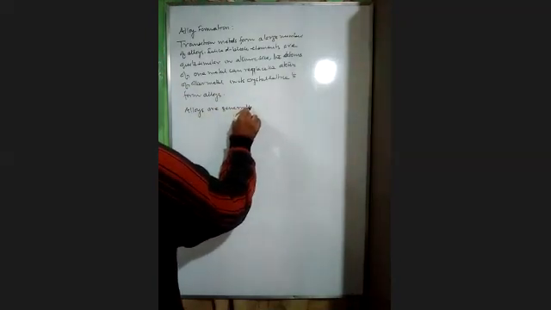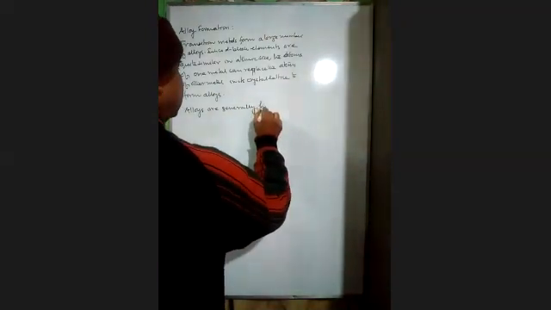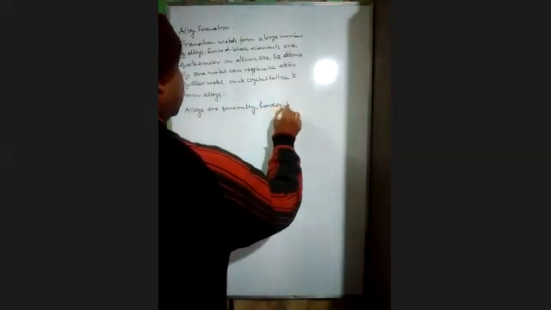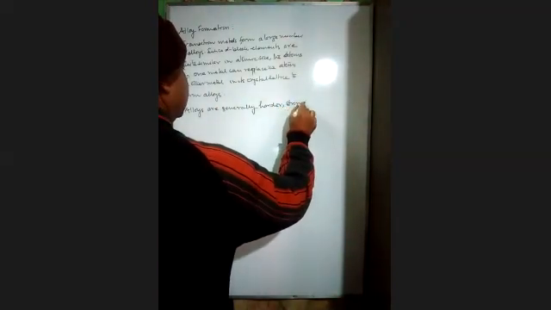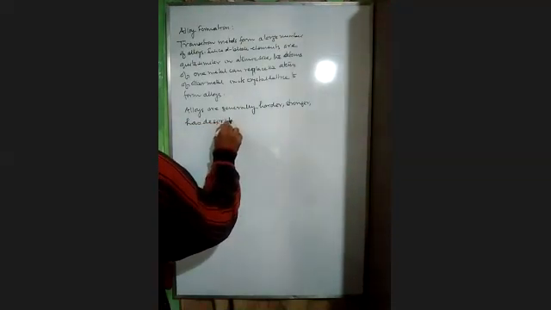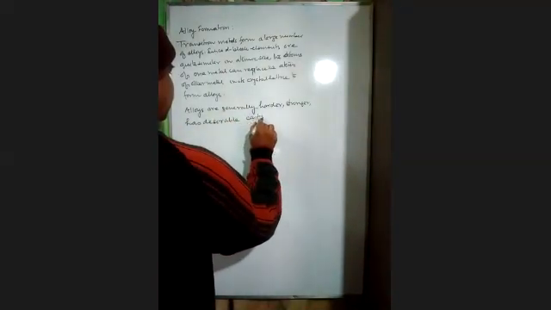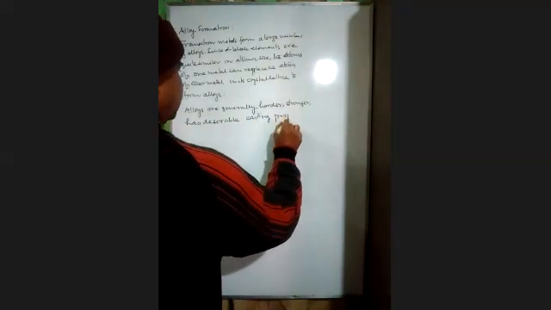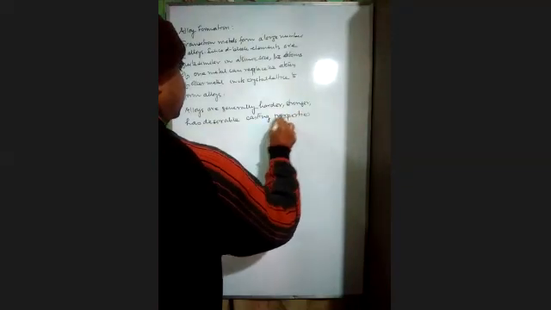Alloys are generally harder, stronger, and have desirable casting properties. What is the meaning of casting property? That is, you can give any shape to it.